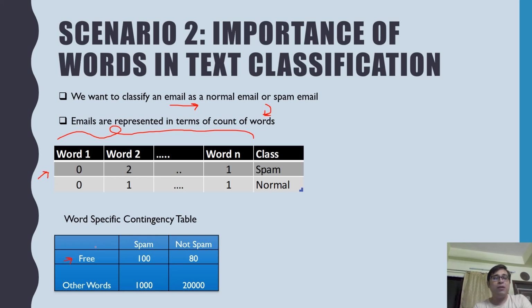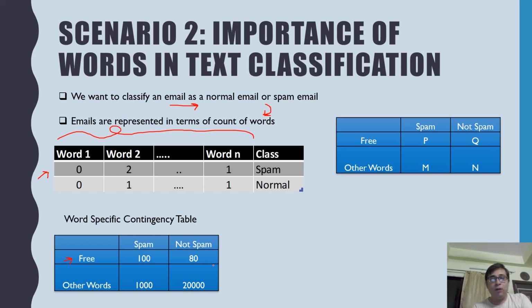Similarly, I find out how many emails have the word free and are normal emails. And then we also look at how many emails do not contain the word free. So there are 1,000 such emails, and there are 20,000 such emails which are normal and don't contain the word free. Okay, so how do I get the chi-square value over here?